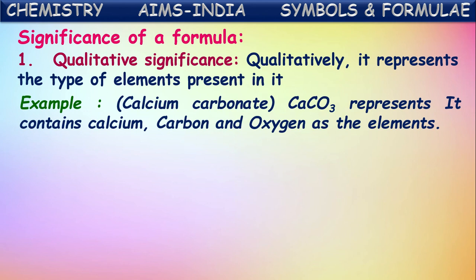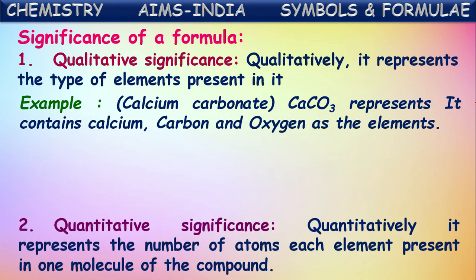Qualitative information means what kind of elements are present, the elements that participated in the formation of the compound. This we call qualitative information. Calcium carbonate is one compound, and its formula is CaCO3; it gives the qualitative information that it is made from calcium, carbon, and oxygen elements.